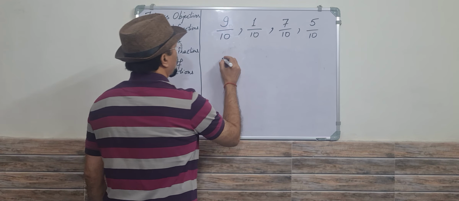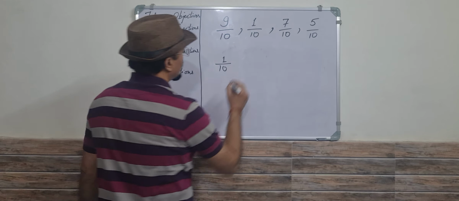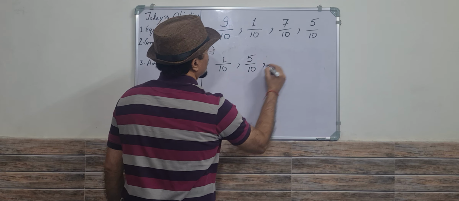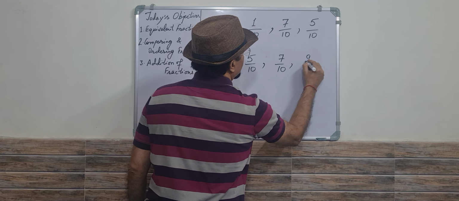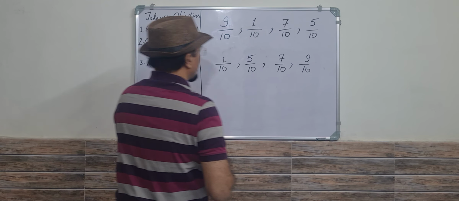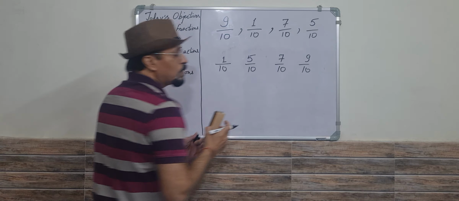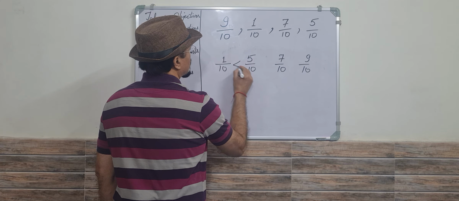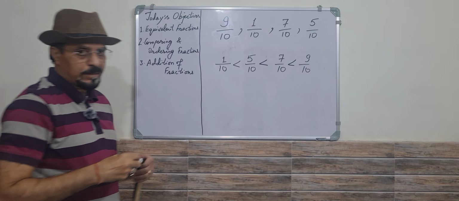So 1/10, if I arrange them in ascending order, next is 5/10, next is 7/10, and next is 9/10. So if you remember the symbols of greater than, less than, and equal to, this is smaller, this is smaller, like this.